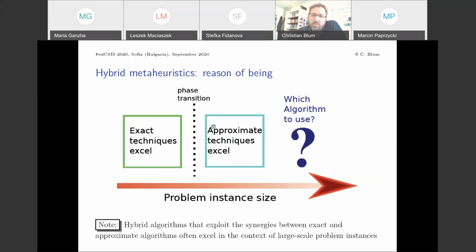Then you have to resort to approximate techniques like meta-heuristics. But when the problem size grows even more, sometimes even meta-heuristics are lost in the large search spaces. This is one of the reasons why people came up with hybrids, combining different types of algorithms, exact ones with approximate techniques, for example, in order to exploit the synergies that you might get when you combine different types of algorithms.